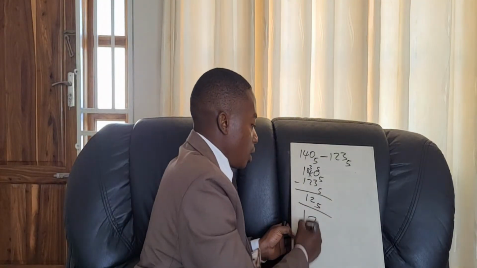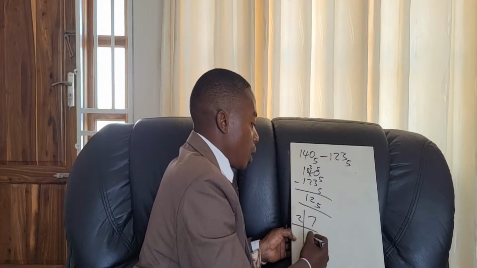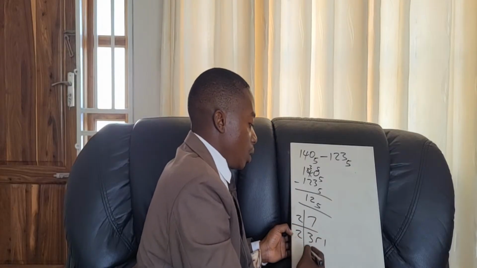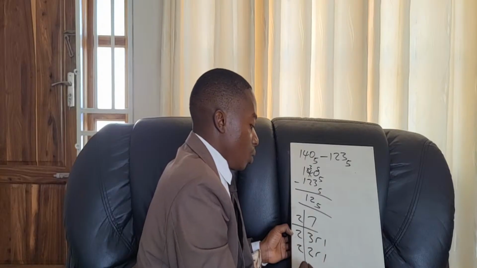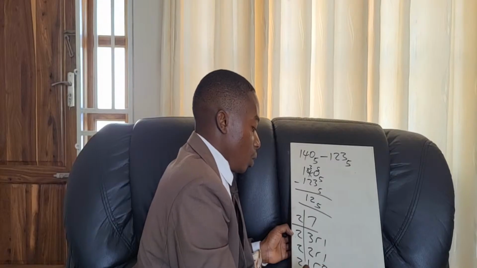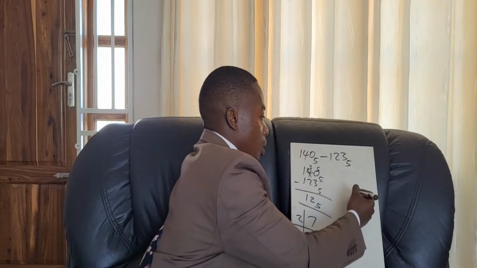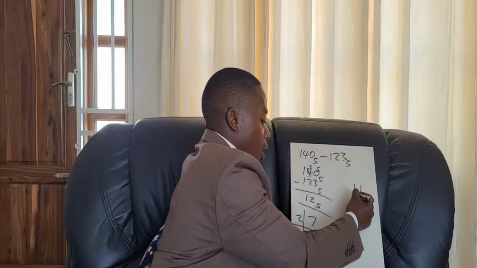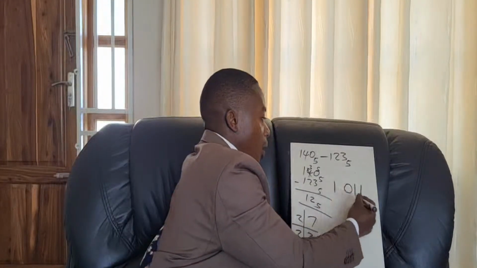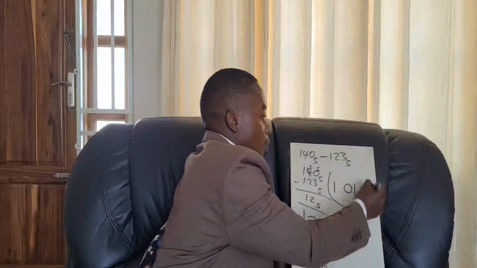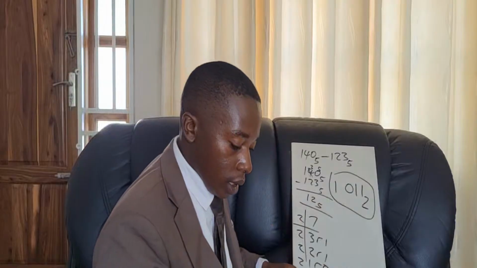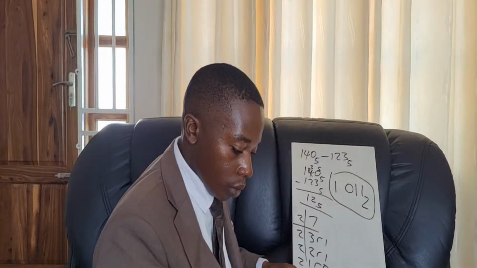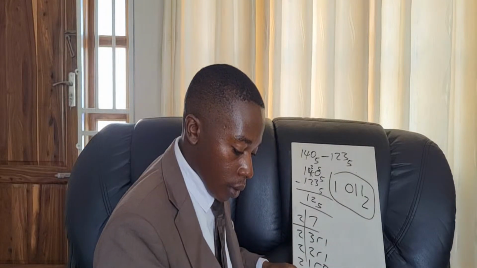So 7 in base 2: 2 into 7 is 3 remainder 1, 2 into 3 is 1 remainder 1, 2 into 1 is 0 remainder 1. 1, 1, 1. This becomes our answer. So this is the actual answer that we should get.